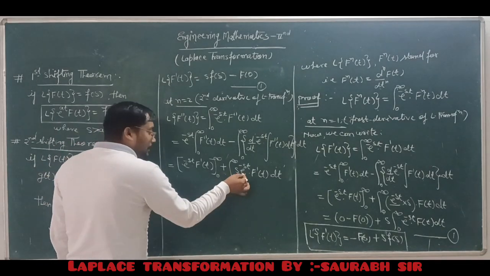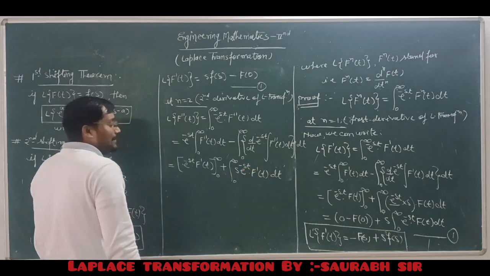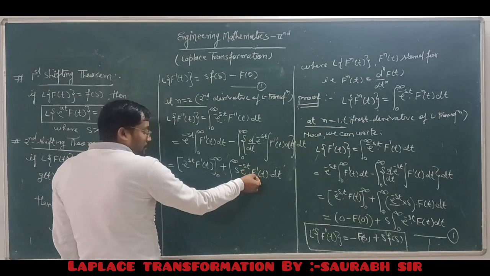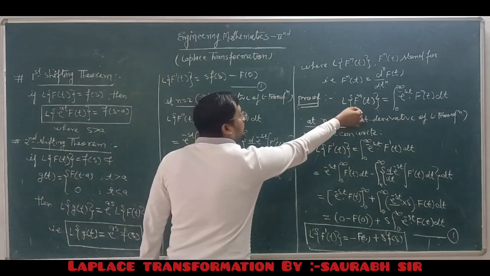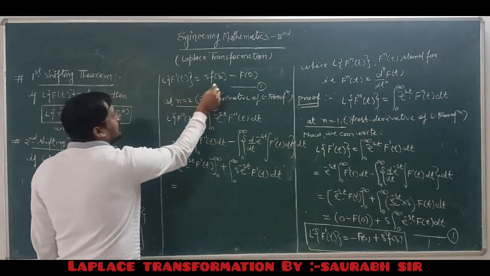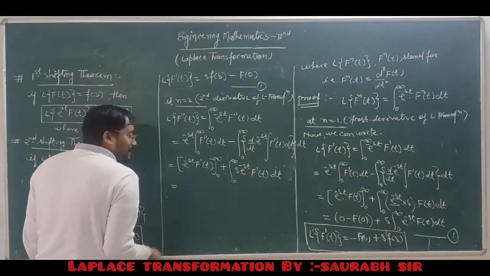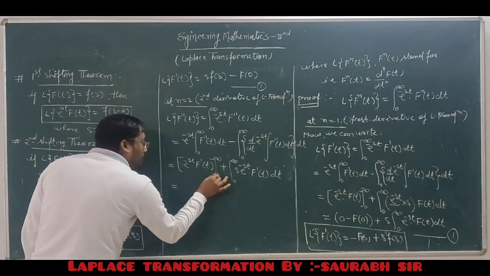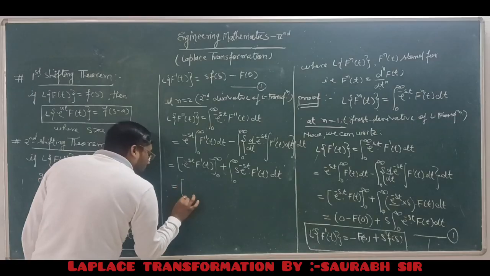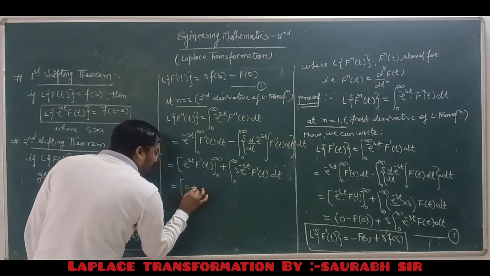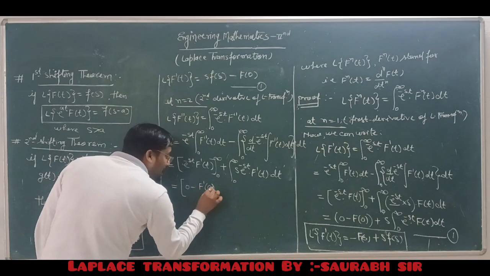Now I have to find the value of f'(t). Put the limits 0 to infinity in e to the power minus st into f'(t): at infinity the value is 0, minus the value at 0, which is f'(0).